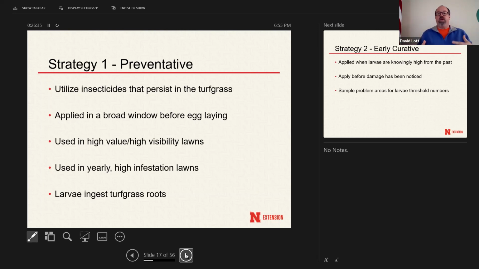And as they hatch, as they feed, then they're going to get a dose of the toxin and they're smoked. So this is one of the things that if we have a persisting problem that we have to get rid of, or we have a very high expectation lawn, or a golf course where members are expecting a very nice golf course to play on, this is one strategy that is commonly used.